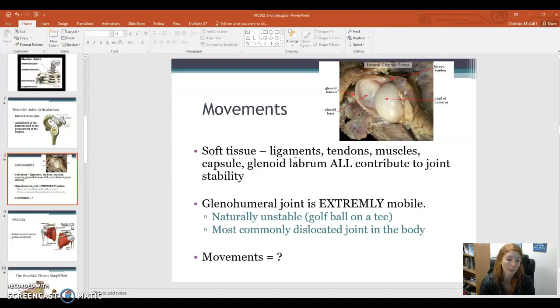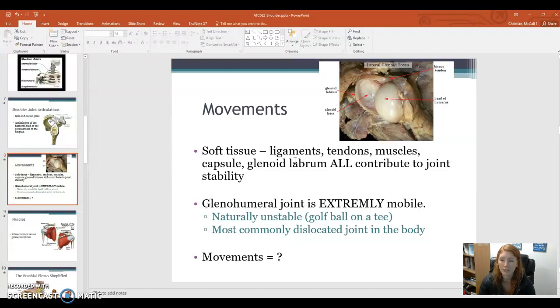It's very shallow, so that helps to promote motion, but we also lack stability. Lots of mobility, not much stability, and it is very commonly dislocated. We might have patients with chronic subluxation, and a lot of ligaments can be torn or affected by subluxation or dislocation.